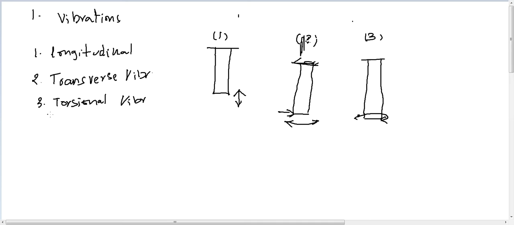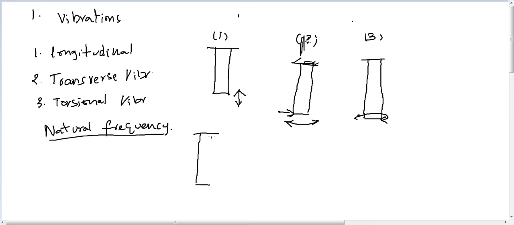Now let us see what is the natural frequency of vibration. For example, one bar is there, and we are disturbing this bar in the longitudinal direction like this.